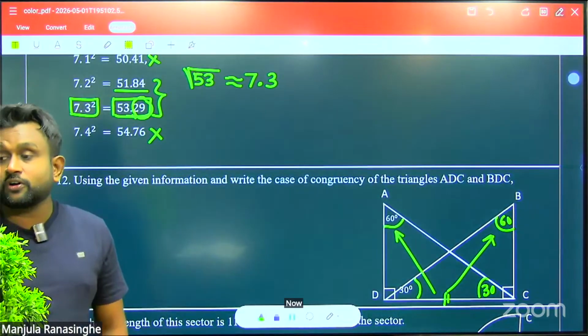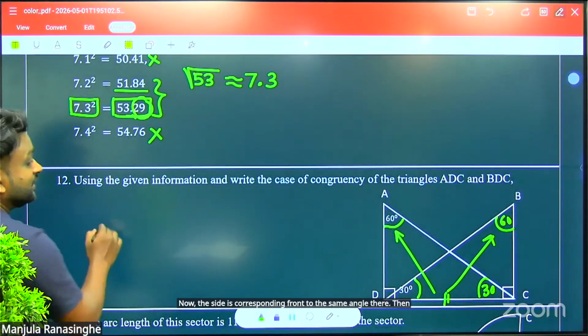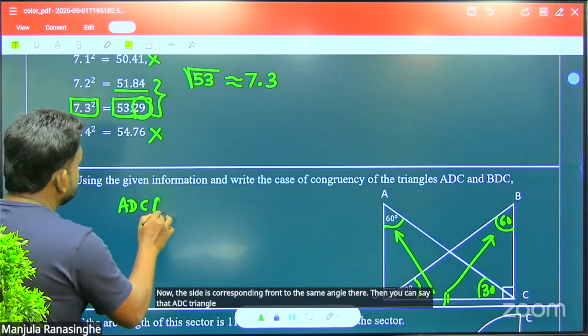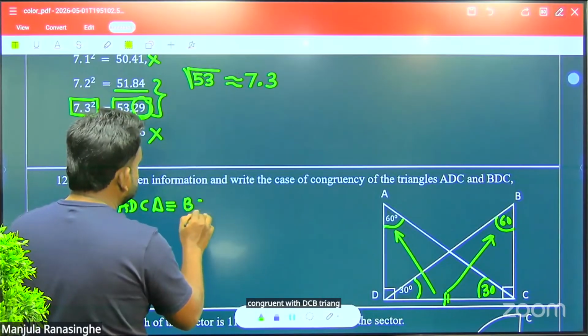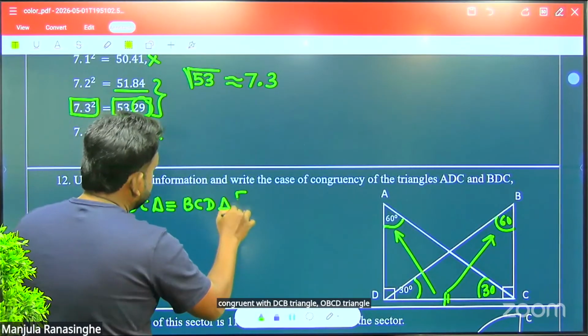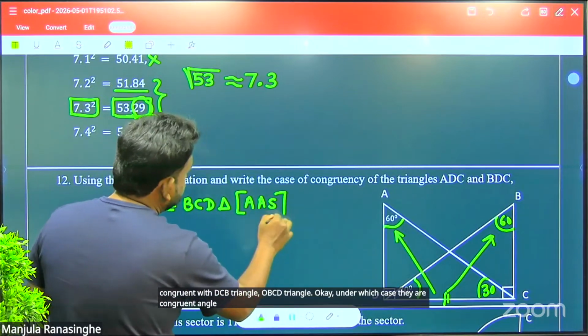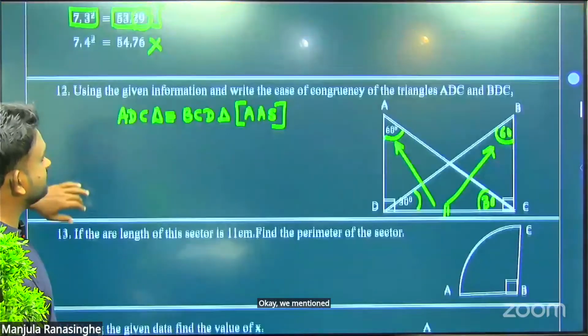Now the sides correspond, opposite the same angle. Then you can say that triangle ADC is congruent with triangle DCB or BCD. Okay, under which case they are congruent: angle, angle, side. We mentioned that AAS is the case.